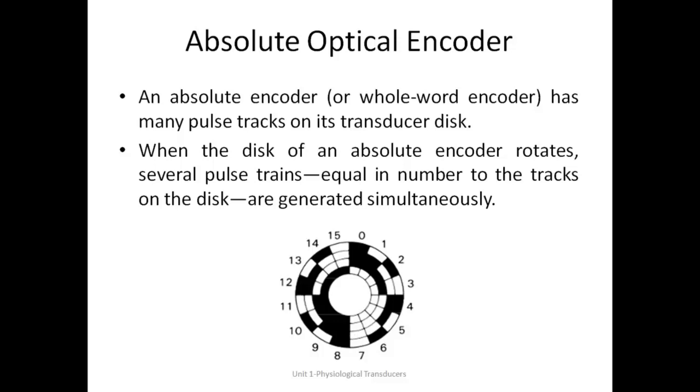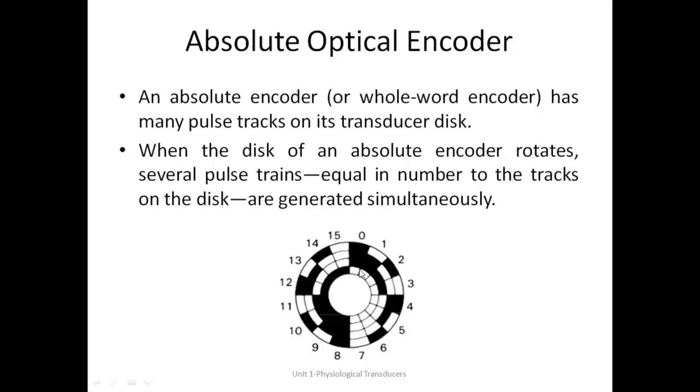Suppose each slot corresponds to 5 degrees, just as an example. Then the angular movement of the disk would be 7 into 5, that is 35 degrees.